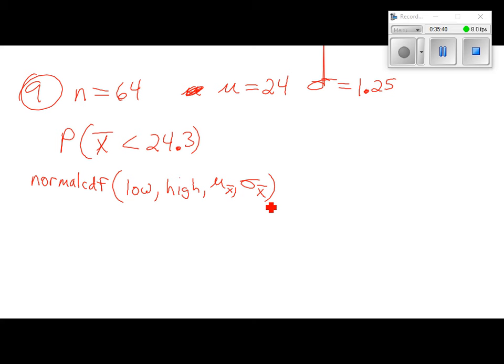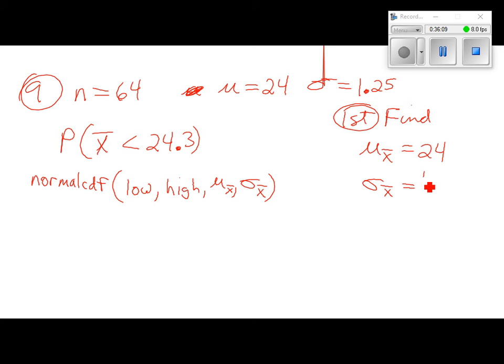How do we find the mean of the samples? So first, you might want to write that down. First, you've got to find the mean of the samples, and then you've got to find the standard error also. What's the mean of the samples going to be? 24. It's the same. So that's pretty easy. Standard error of the samples, how do we find that again?